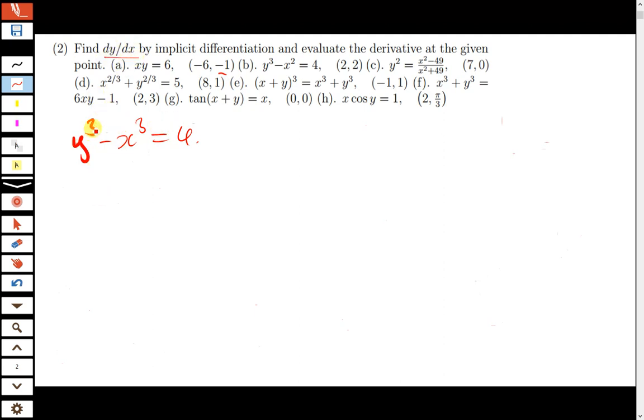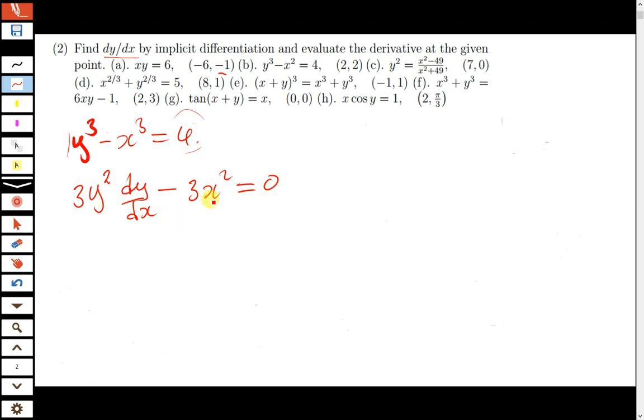So this is going to be 3 times the coefficient of y here will give us 3, and then y to the power 3 minus 1, we get 2. But since we're differentiating y with respect to x, we have to write dy dx there. Then minus x to the power 3. When you differentiate this part with respect to x, this will give us 3x squared. Then this is equal to, differentiate 4 there, you get a 0.